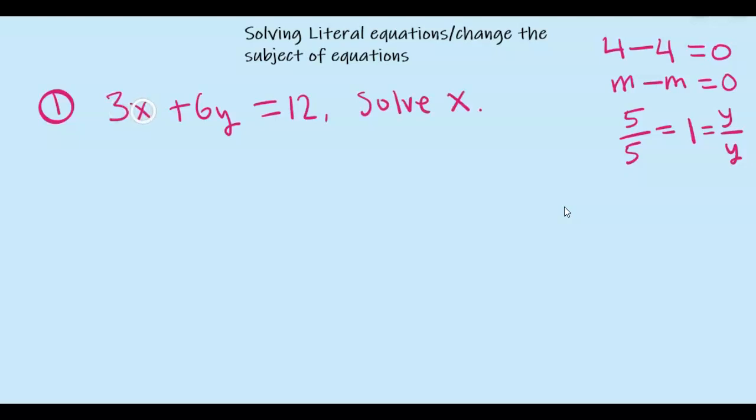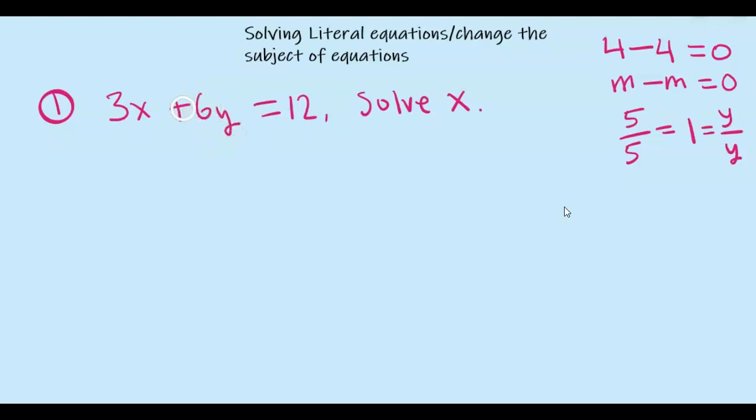So x is here, it's multiplying by 3 and it's added with 6y. So we need to get rid of the 6y and the 3. But first of all, let's go ahead and get rid of this.